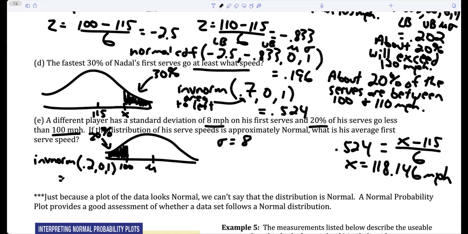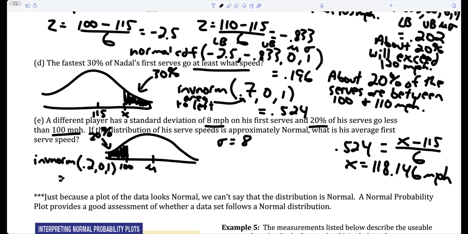And my z-score here is going to be negative. Why is my z-score negative? It's less than the mean. And just like in this one, I probably should have asked you this question: is 118 miles per hour a reasonable answer in the context of the problem, considering that it's the fastest 30%?